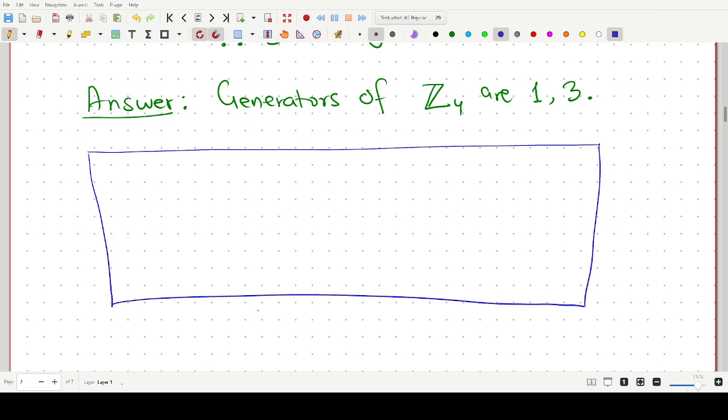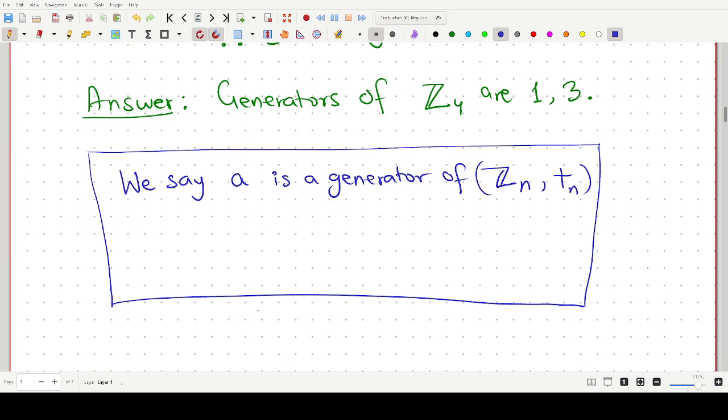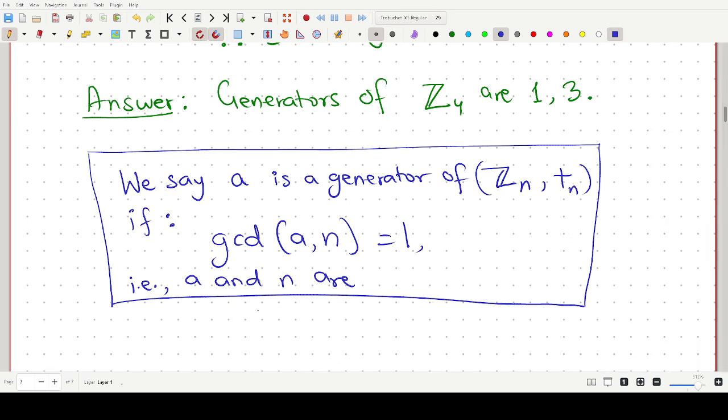Now, we say that A is a generator of Zn, comma, plus n, if GCD of A and N is equal to 1. That is, A and N are coprime.